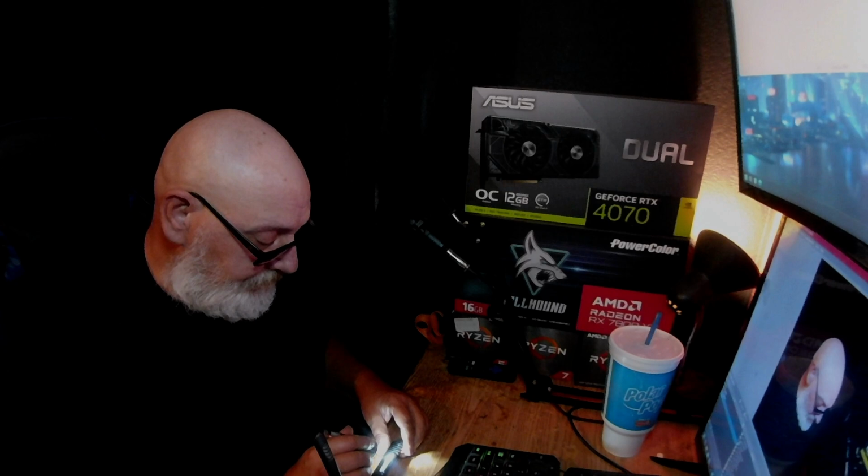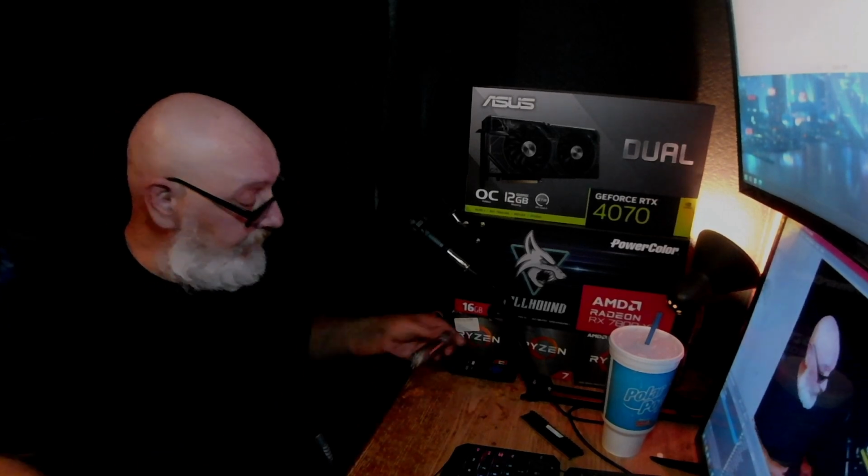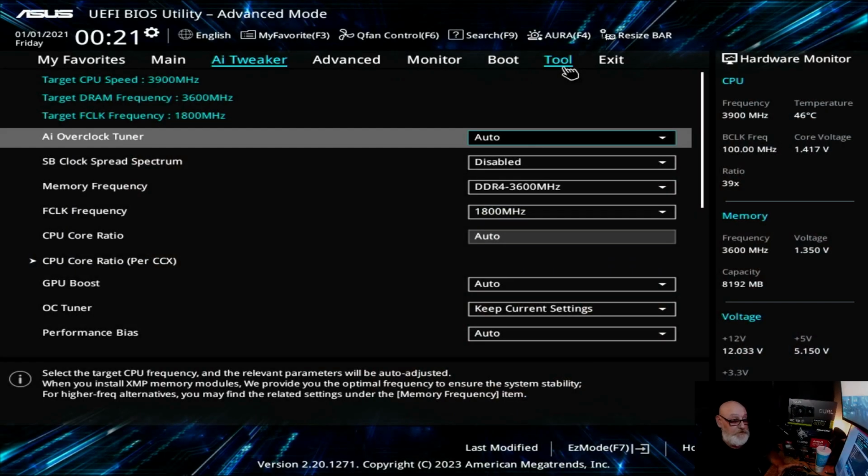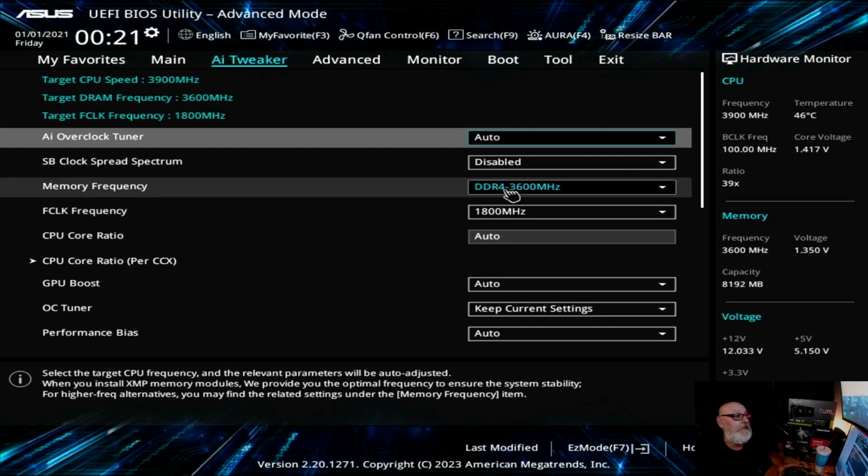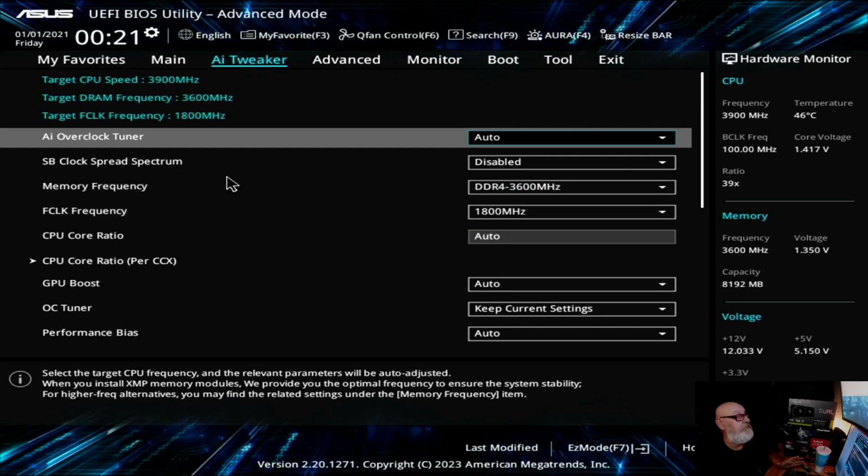Clock timings, you can leave them on auto and then just manually set your RAM, which I recommend. Don't mess with the clock timings. Leave it on auto and just adjust the frequency up and up. I'll take you back one more time and show you why. Okay, we're still here. All you have to adjust is your memory frequency and your F clock.